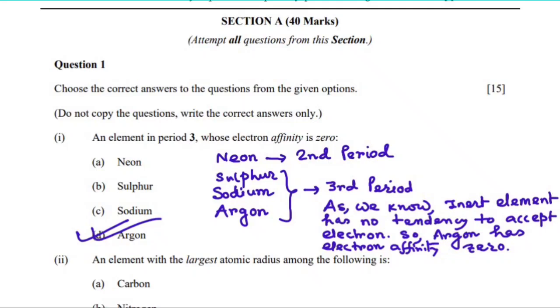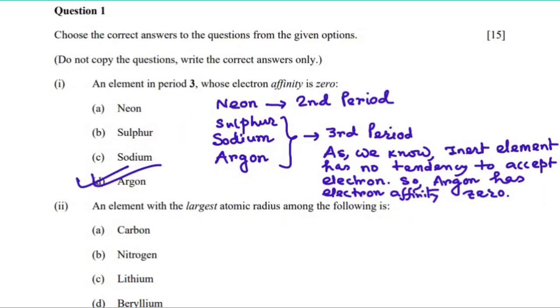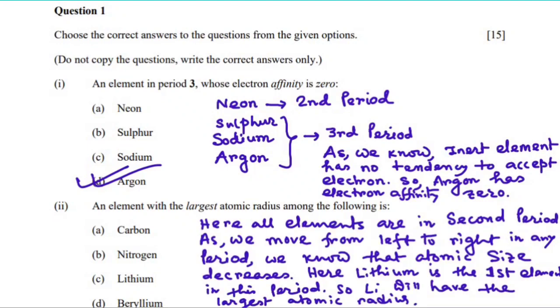Next question. The element with the largest atomic radius among the following: carbon, nitrogen, lithium, beryllium. Here all the elements belong to the second period, and as we know, as we move from left to right in any period, the atomic size decreases.